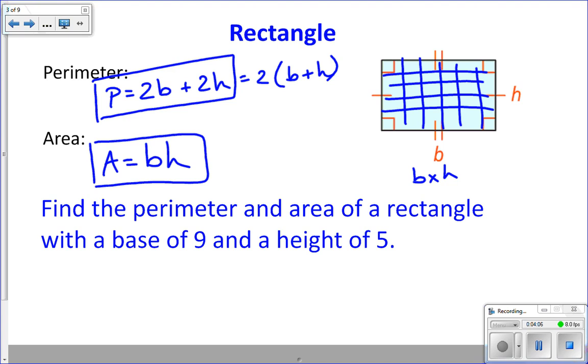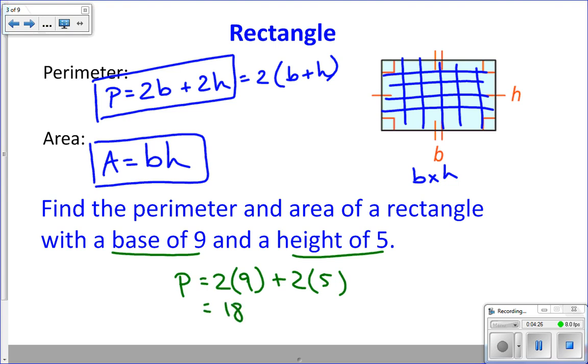Okay, let's look at that in a problem. Find the perimeter and area of a rectangle with a base of 9 and a height of 5. They didn't give us any units, so we'll just work with it that way. The perimeter is going to be 2 times the base plus 2 times the height. Now 2 times 9 is 18, 2 times 5 is 10, and so I get 28 units is how long the perimeter is.